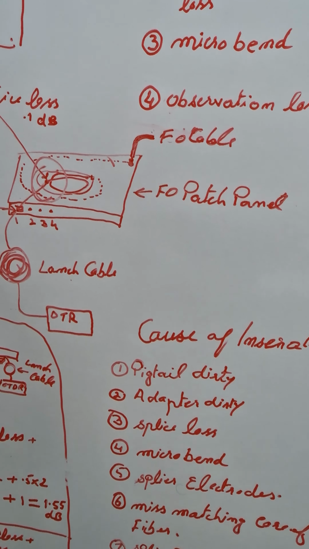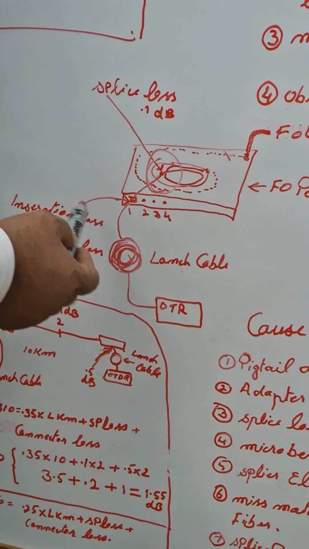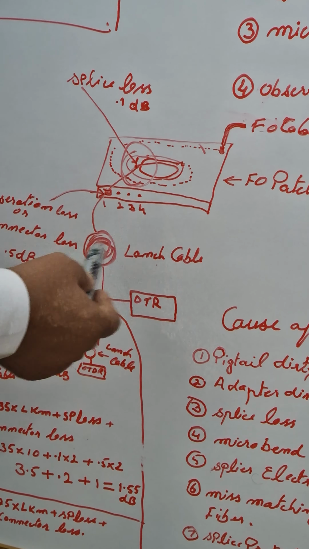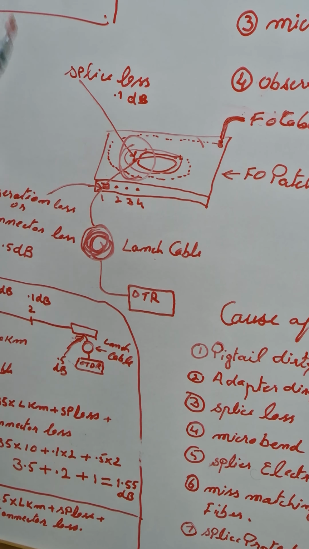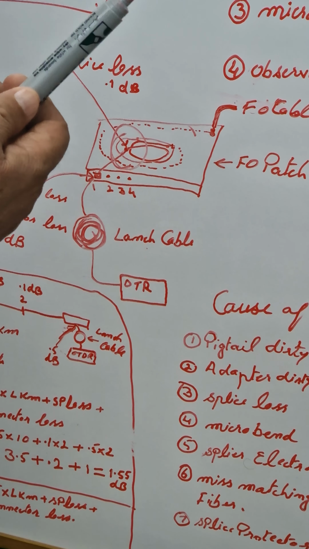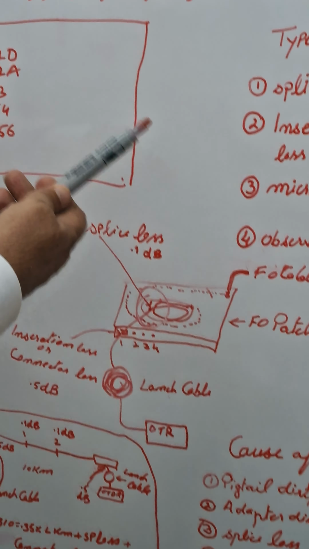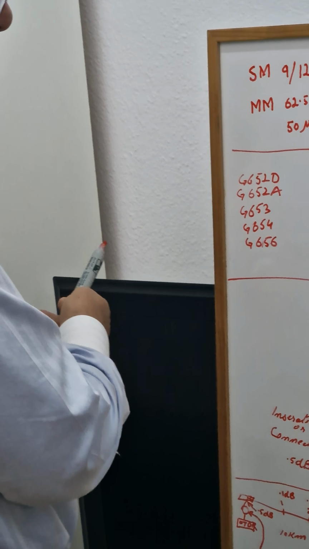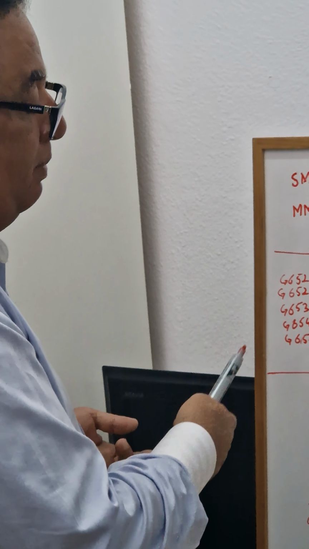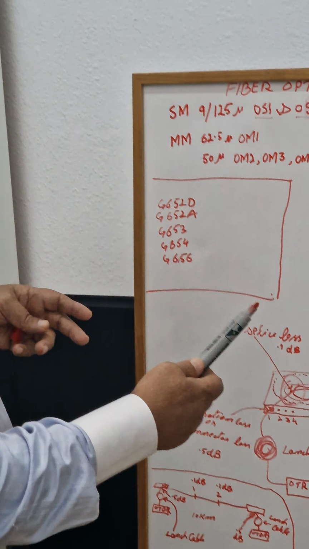But sometimes what happens, you connect this one, you splice and test, and there is a problem of mismatching. We have seen this in many places. Some fiber of Corning mismatches with other pigtails, or other pigtails mismatch with CommScope. It happens sometimes.